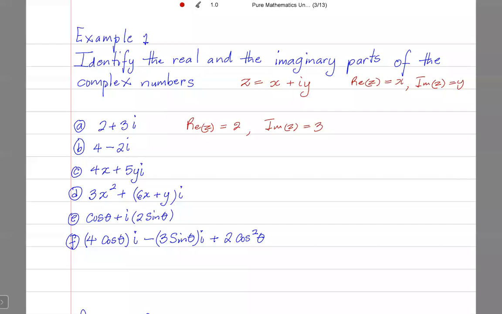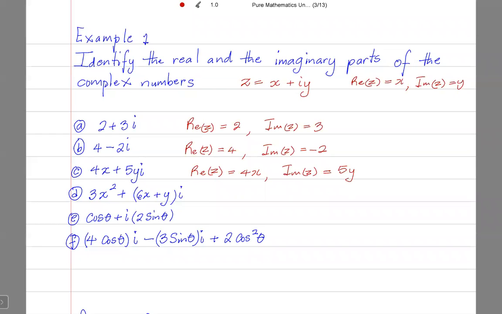All right, so for B, the real part of the complex number is 4, and the imaginary part of the complex number is -2. For C, the real part of the complex number is 4x, and the imaginary part is 5y.